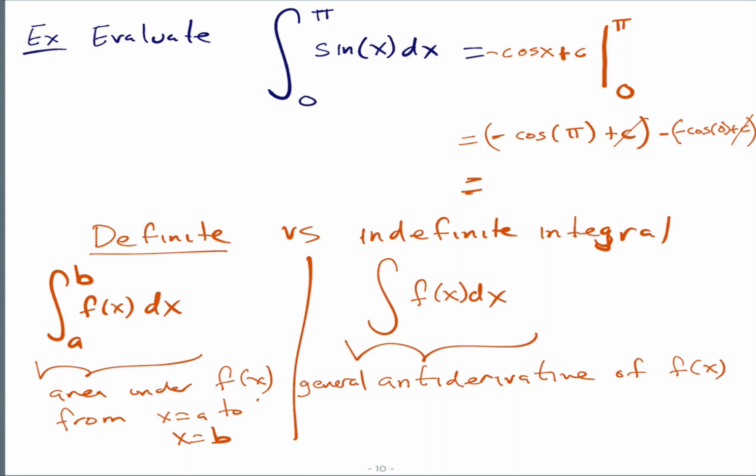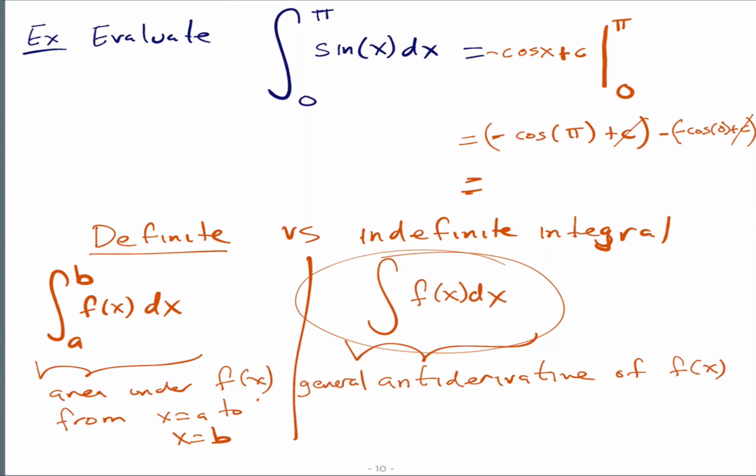So all the integrals we've been doing are definite integrals, because you're finding the area under the curve from this point to this point. If you have an integral that doesn't have limits of integration, that just means find the general antiderivative of the function.